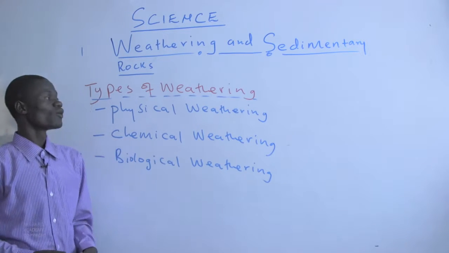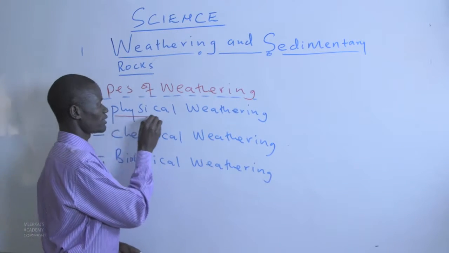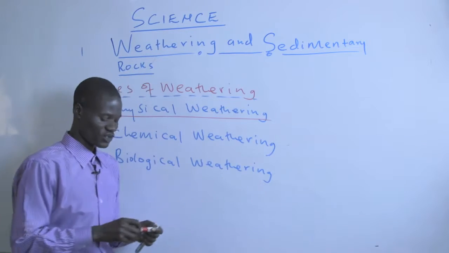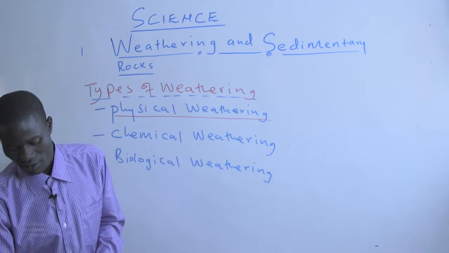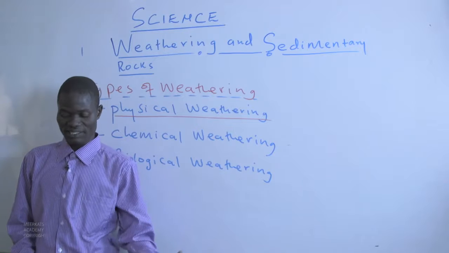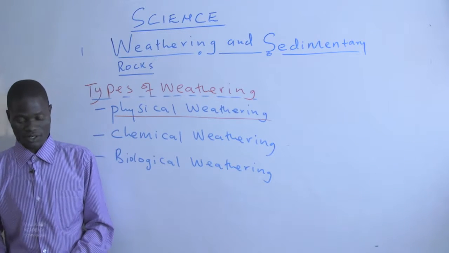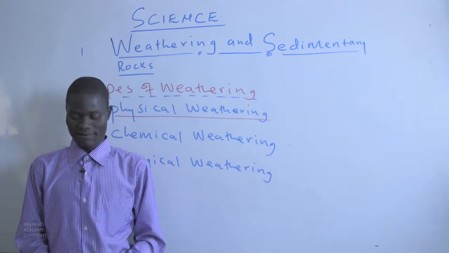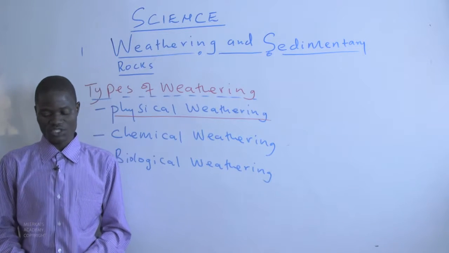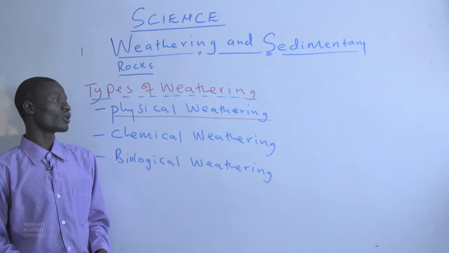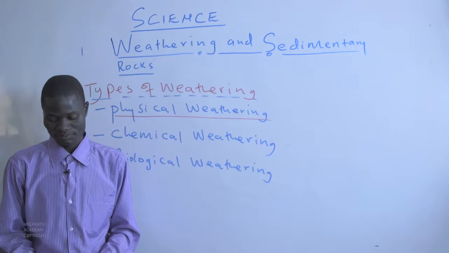Let's begin with physical weathering. Physical weathering involves the breakdown of rocks into smaller fragments without changing their chemical composition.